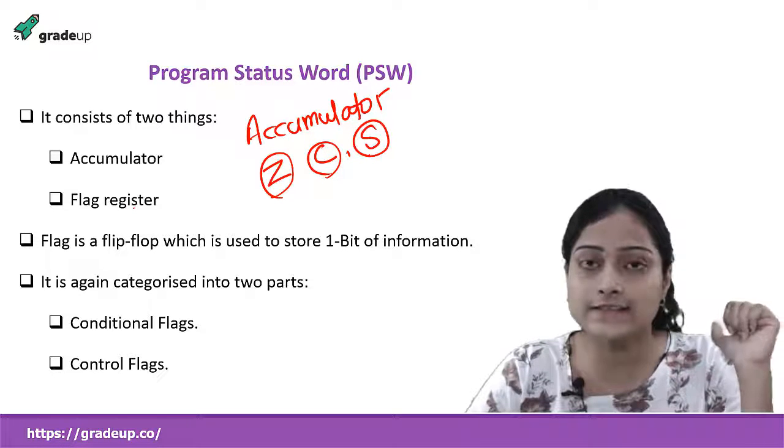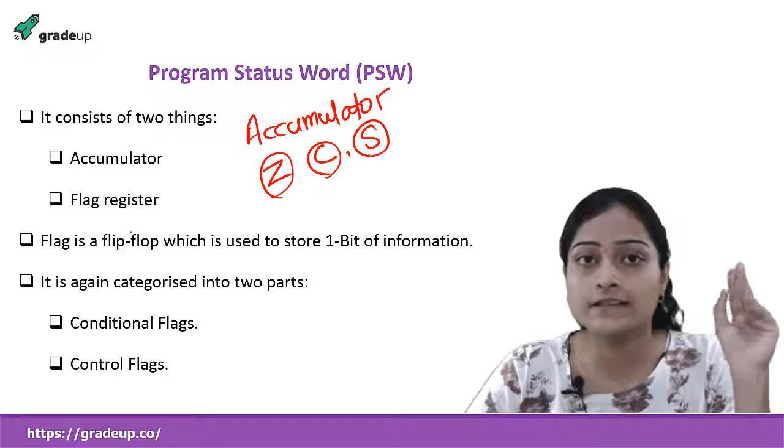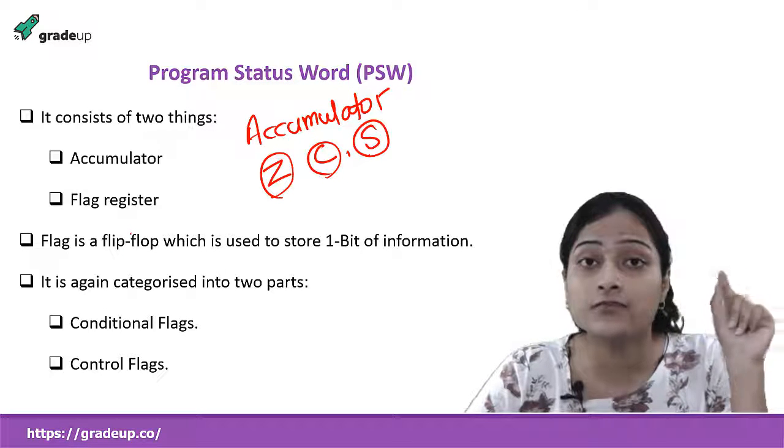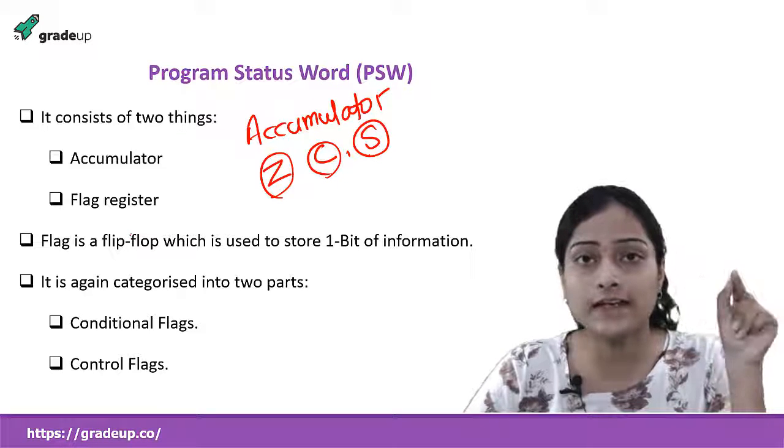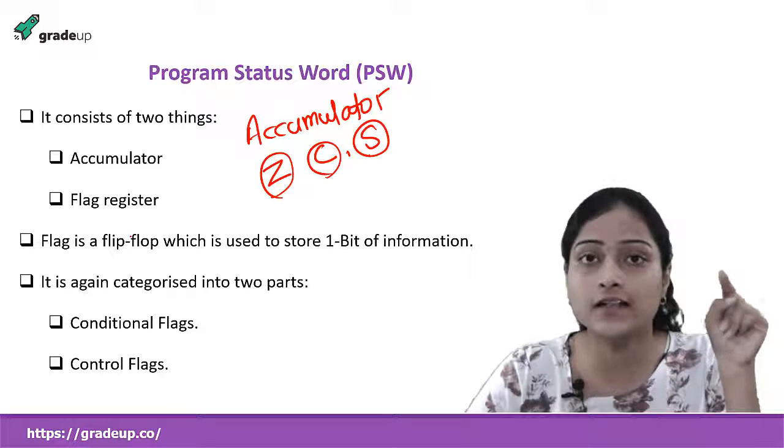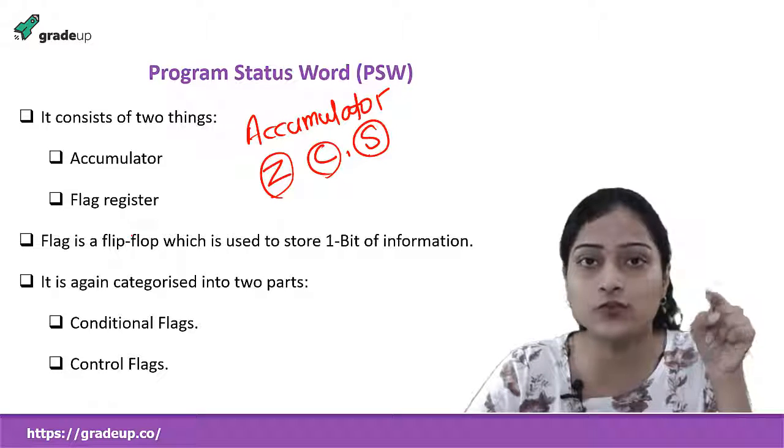What is a flag register? First of all, what is a flag? Flag is a flip-flop which is used to store one bit of information. You have studied flip-flop in your digital logic. If you have not studied, please refer to those video lectures.